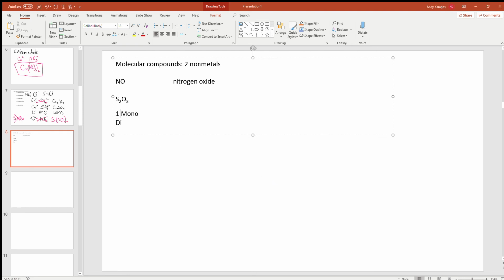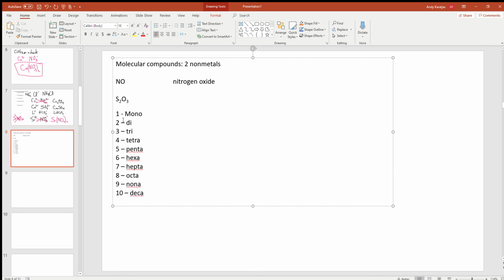If we have 1, it becomes mono. 2 is di. 3 is tri. 4 is the one that students most often get wrong, and that's tetra. 5 is penta. 6 is hexa. Hepta. Octa. Nona. And deca.